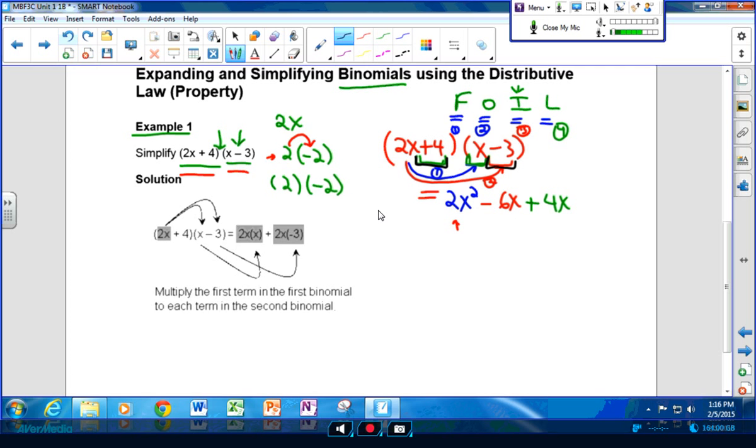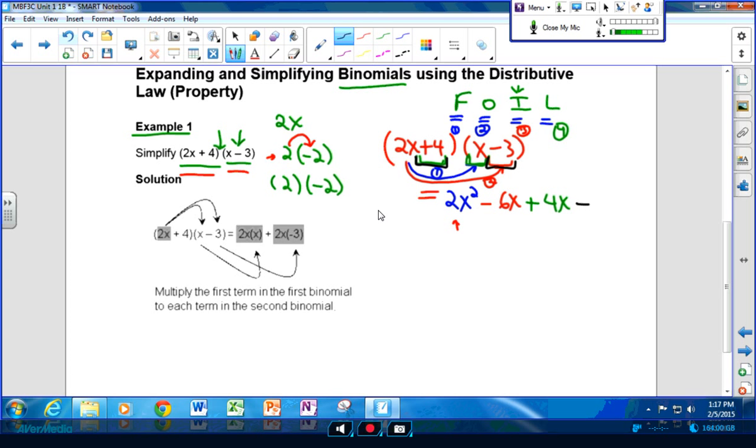So we have plus 4 times negative 3. Step 1, work out the signs. A positive times a negative, the signs are different, which means our answer is going to be negative.